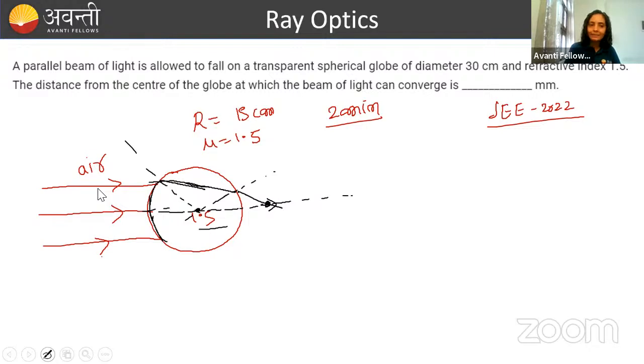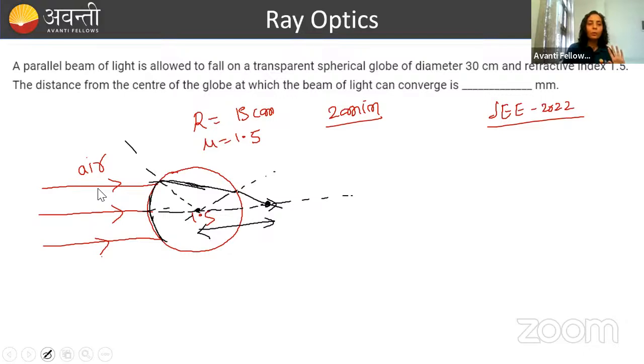Okay, and its distance from the center will be this. So overall, if you see the question, what is happening actually? Light is getting refracted by curved surface. So this is a question from refraction through curved surface. And here 2 times refraction is happening through curved surface.